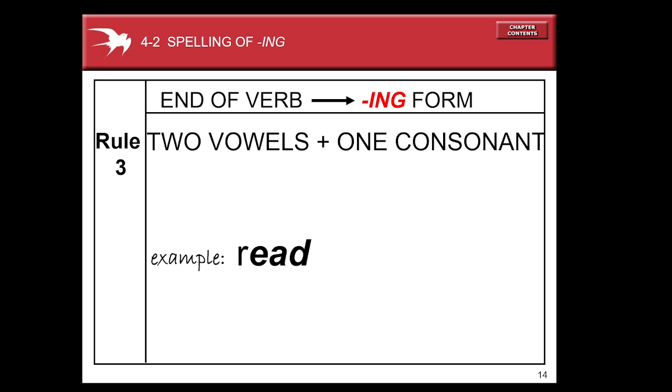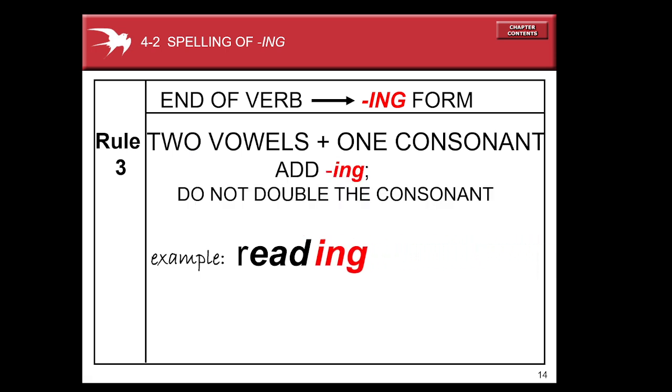Rule number 3. Two vowels, one consonant. You see the vowels? Letter E and letter A. Two vowels. And one consonant is the letter D. In this case, we only add the suffix -ing to the base form of the verb.